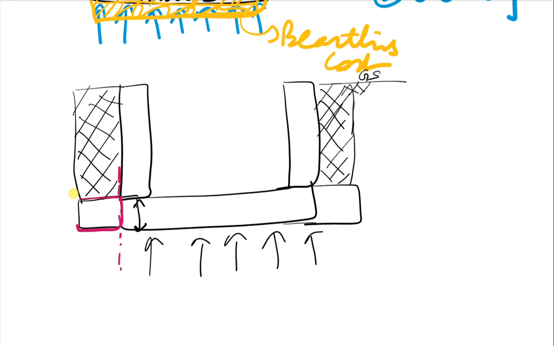Assume this case. Take this section. In this section, this part of the slab is acting as a cantilever. This load is acting and will try to deflect it like this, right? So where do we need the reinforcement?